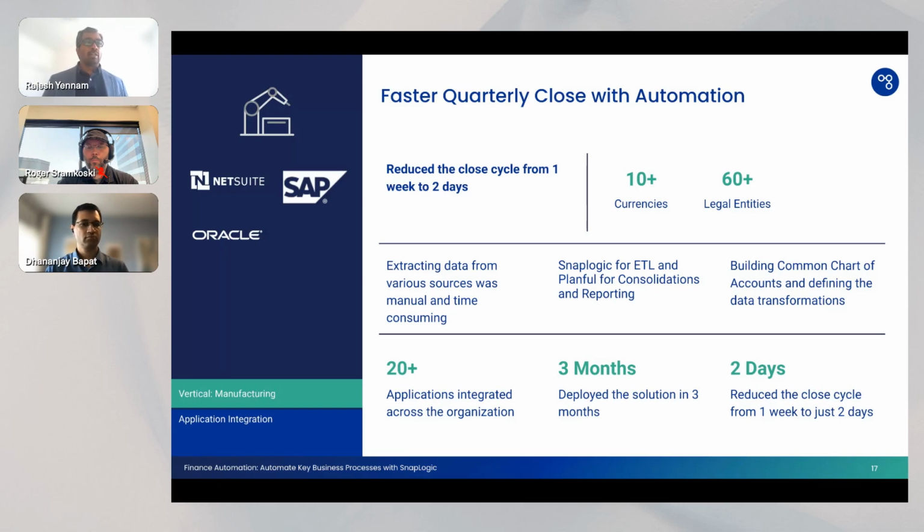As they were acquiring a lot of companies, they needed one common platform where they can look into the financials and try to close the books. Now, in that process, you have to build a common chart of accounts and do a lot of data transformation so that we can extract the data, transform the data, and then load the data so that the organizations can make decisions based on that data.